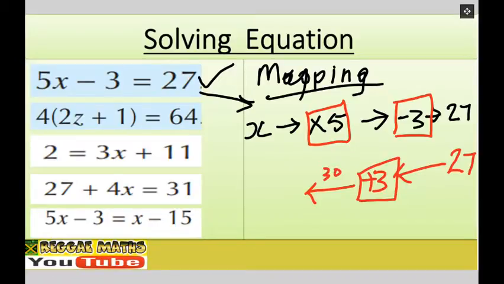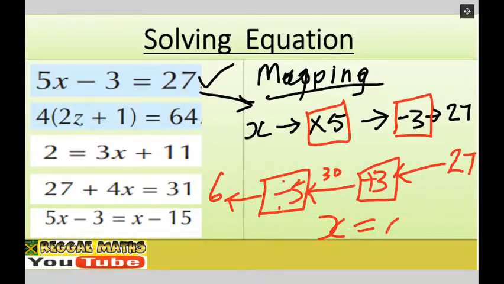The inverse of times by 5 is divide by 5. So what's your answer now? 5 into 30 goes 6. So x equals 6. That's known as the mapping way.